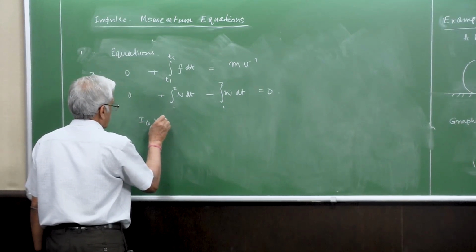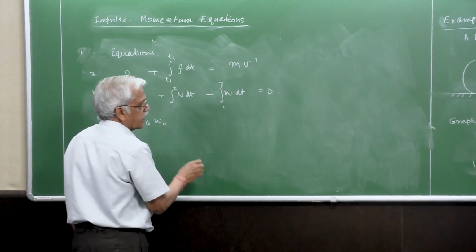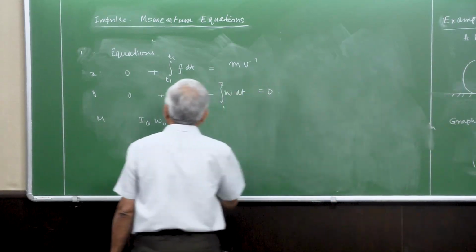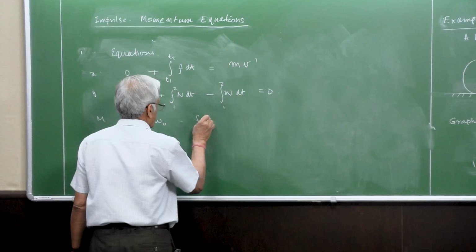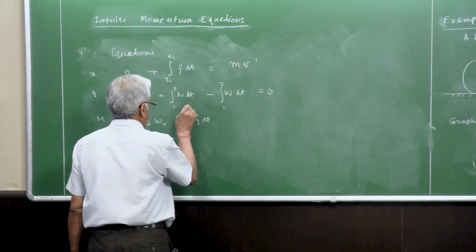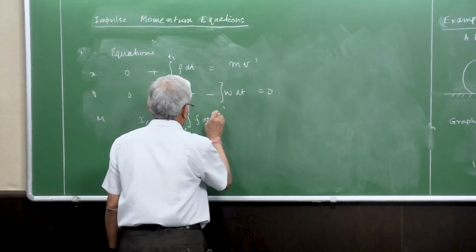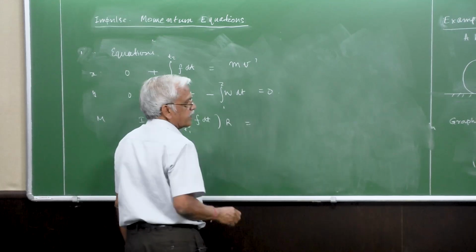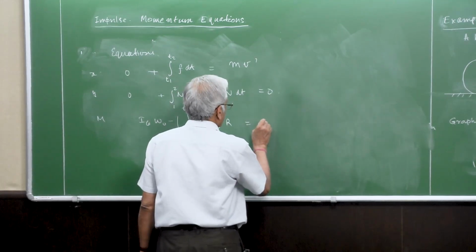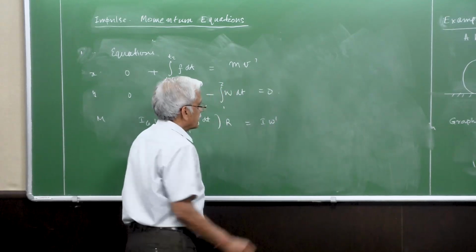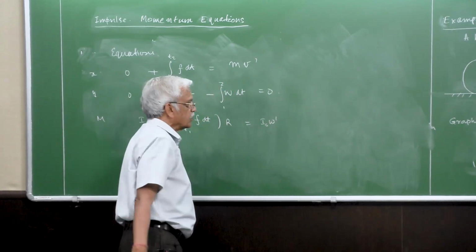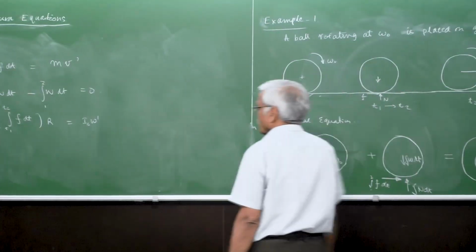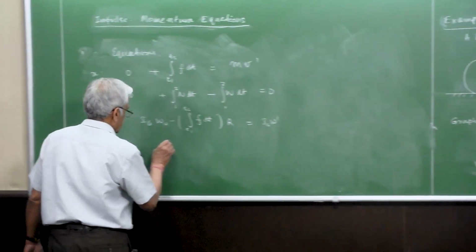Ig times omega naught, and here what will happen, this f dt is acting in the opposite direction, and this is equal to the final angular momentum. So these are the three basic equations, and of course you can say that f is mu n, so that is also a constraint here, so we can use that.